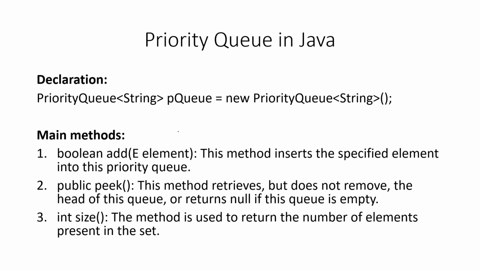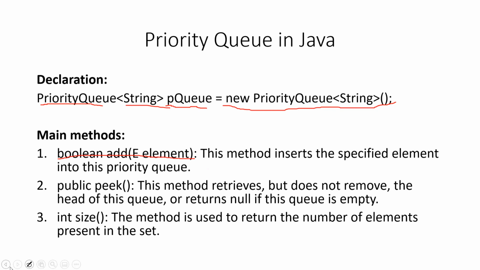And here is the implementation of the priority queue in Java. So here you create the priority queue with the type of string, called pq. And priority queue in Java has three main methods. First one is add. As you can see, it's a Boolean operation, so whenever you successfully add the element to the priority queue, it returns true.